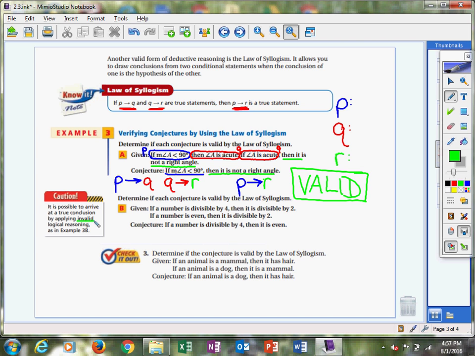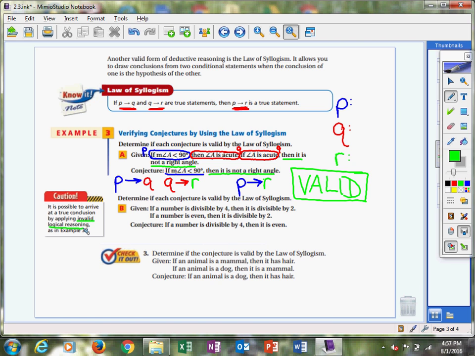Invalid logical reasoning. So we're not looking for truth. Yeah, everything's true here. We are looking, are they patterning this well? Is this pattern valid? Is this reasoning good? And that's what we're after, okay?